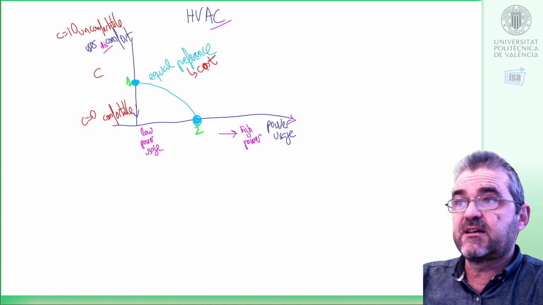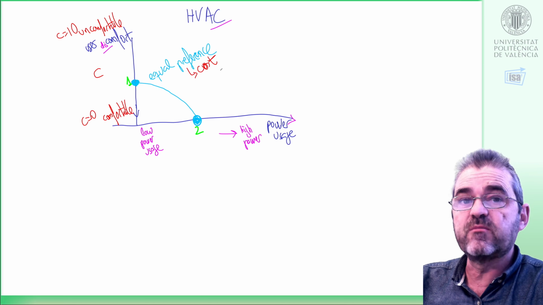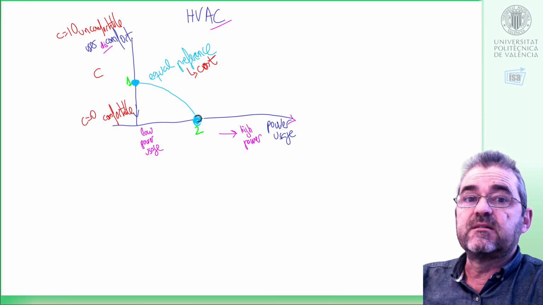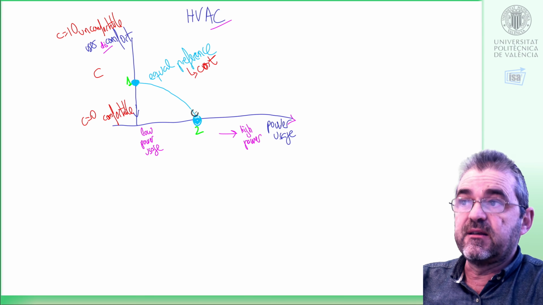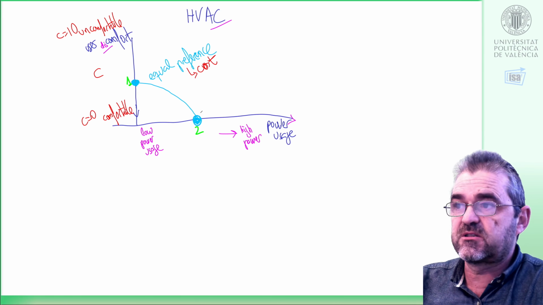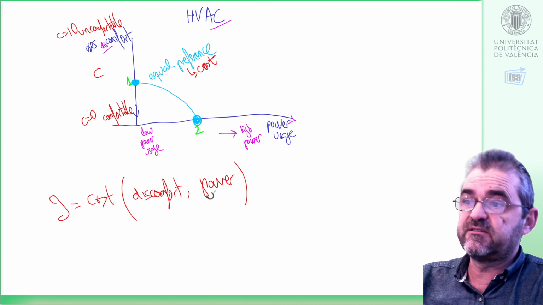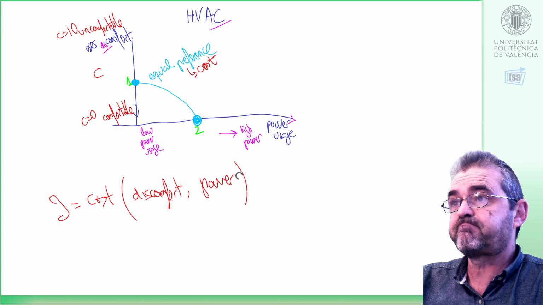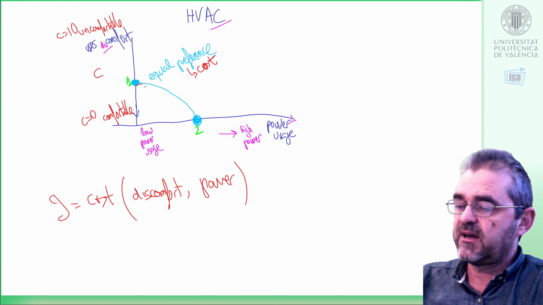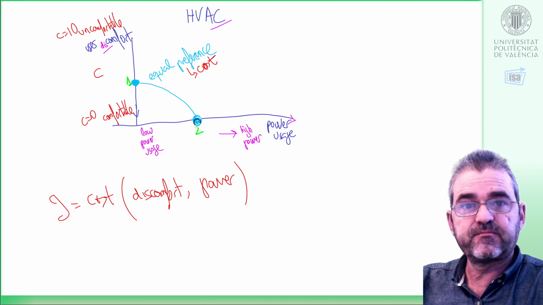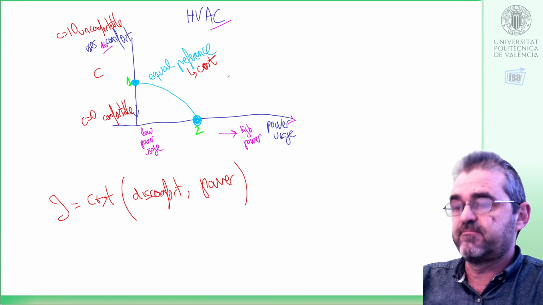In a complex setup, we will solve the operating point selection by some kind of optimization, and then this line will be like an equal cost, a cost function of the discomfort level and the power usage level. And this blue line would be like a level set in a mountain, let's say, denoting equal cost.